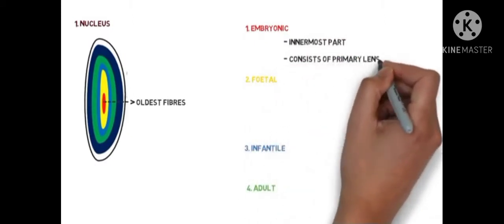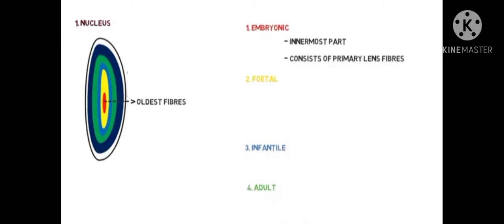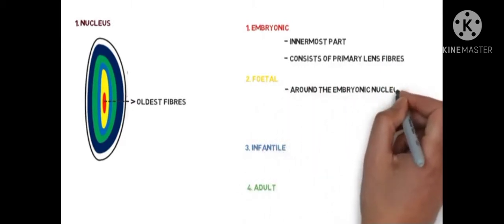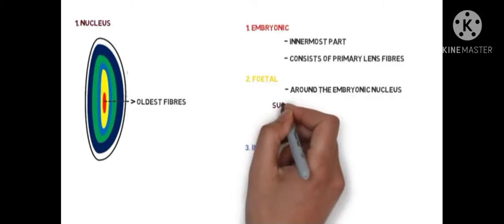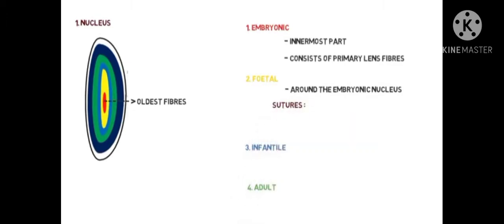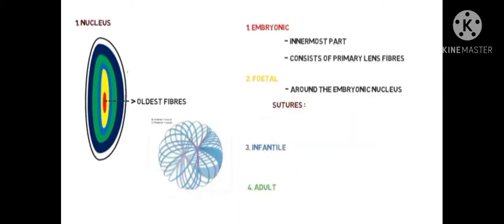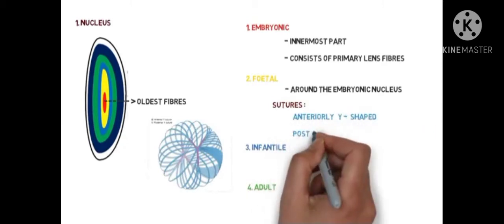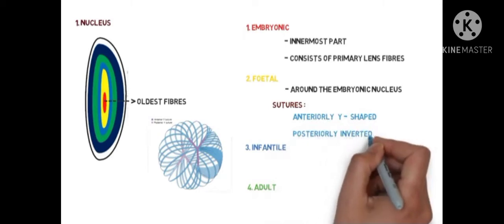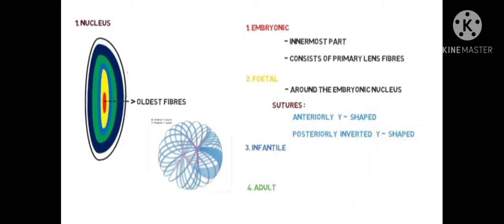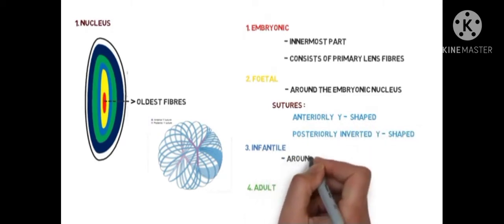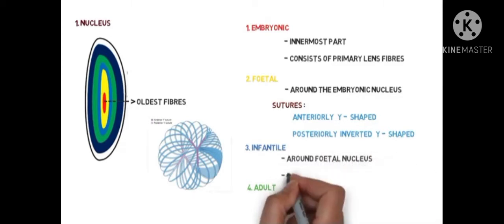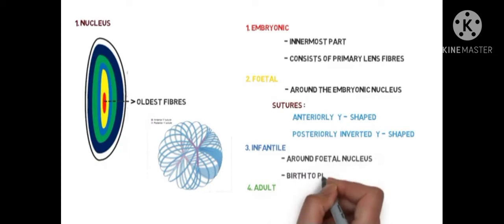It consists of primary lens fibers. The fetal nucleus lies around the embryonic nucleus. Its fibers meet around the sutures, which are anteriorly Y-shaped and posteriorly inverted Y-shaped. Look at this diagram. The third one is the infantile nucleus. It surrounds the fetal nucleus and corresponds to the period from birth to puberty.